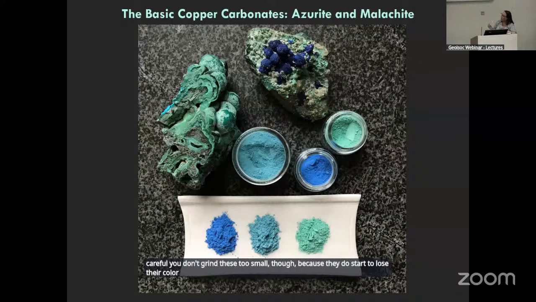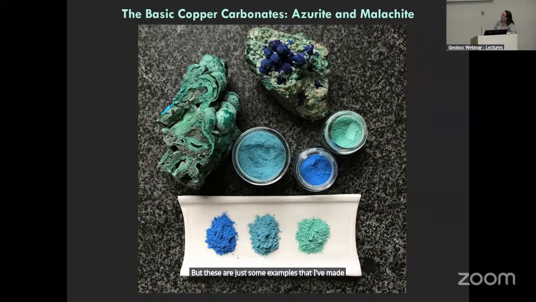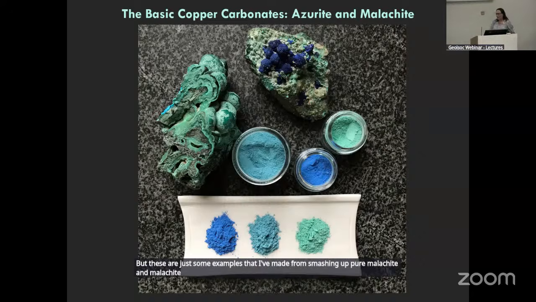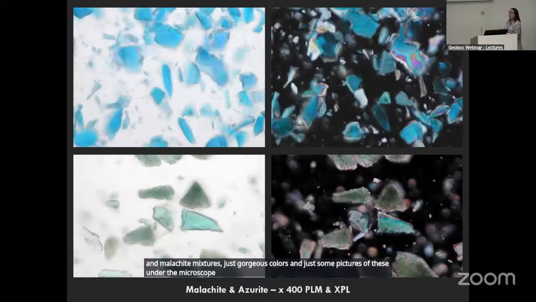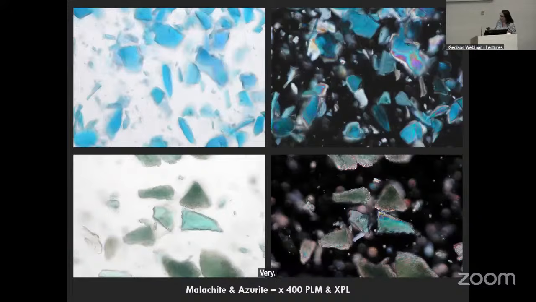So malachite and azurite pigments are usually quite gritty, but these are just some examples that I've made from smashing up pure azurite, pure malachite and malachite-azurite mixtures. Just gorgeous colours. And just some pictures of these under the microscope. They're carbonates, with very, very high birefringence.